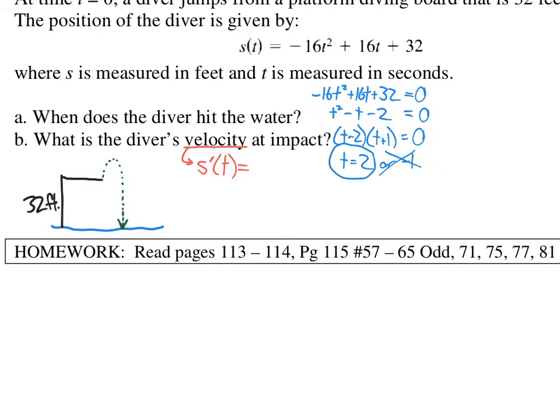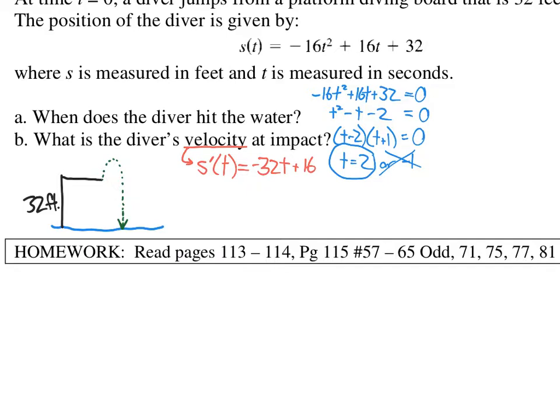What is it? We've got our function up there. What's the derivative? Plus, what was it? 16. Okay? Negative 32t plus 16.